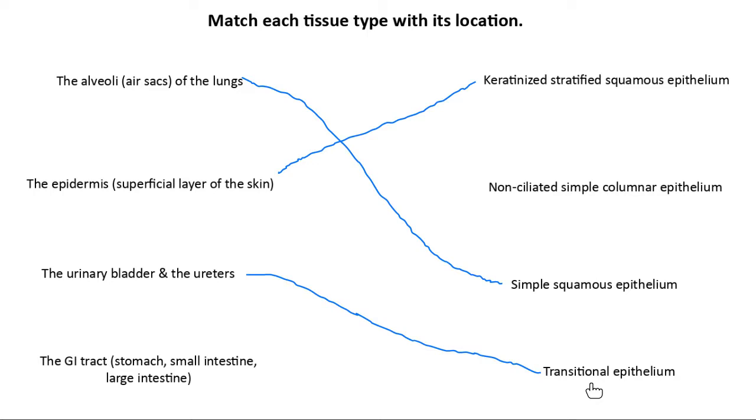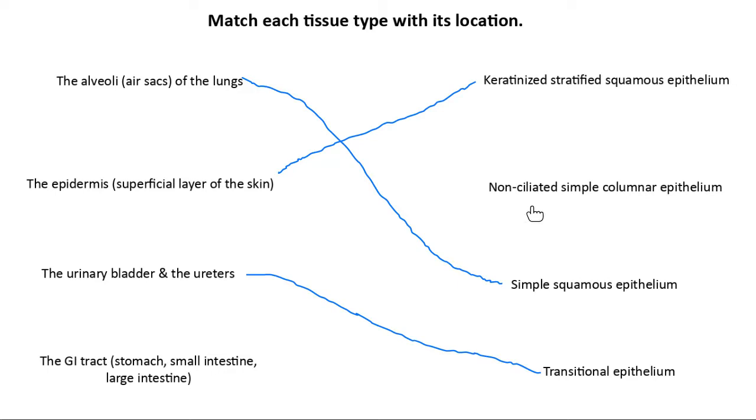This is probably my least favorite to identify because, like its name and its location tell us, this is going to be changing shape. I'm going to give you some hints about how to recognize it, but one of your big takeaways is that its shape transitions, or changes, depending on how full these organs are. So transitional epithelium in the urinary bladder and the ureters.